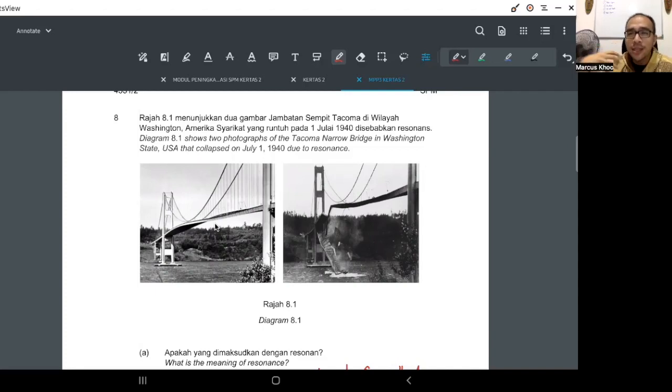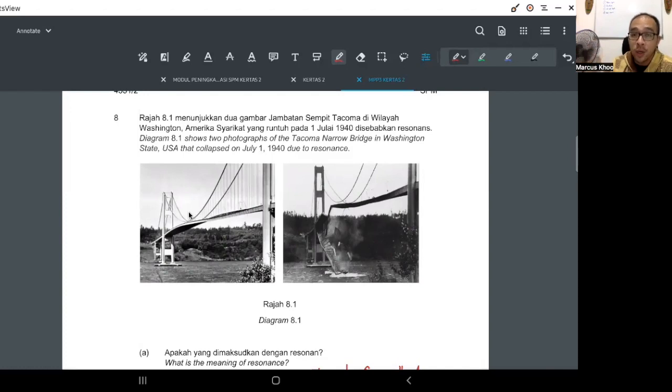So every object has its own natural frequency. We are all vibrating at certain frequencies, and we all have our own natural frequencies. So it just so happens that the wind that was blowing was blowing at the exact same natural frequency as this bridge.